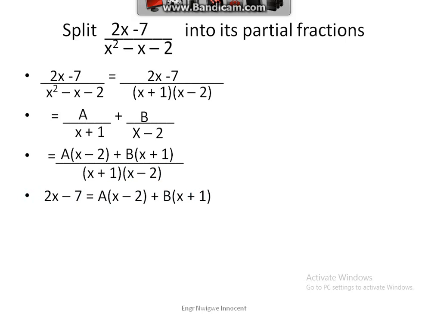If you put s equals 2 to eliminate A, we have -3 equals 3B. Therefore B equals -1.